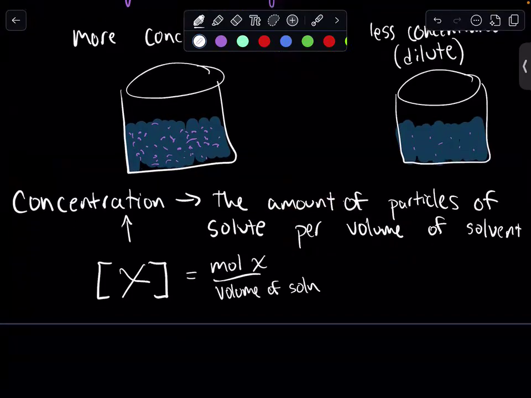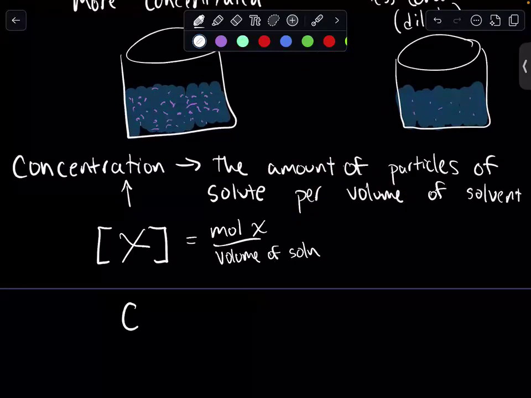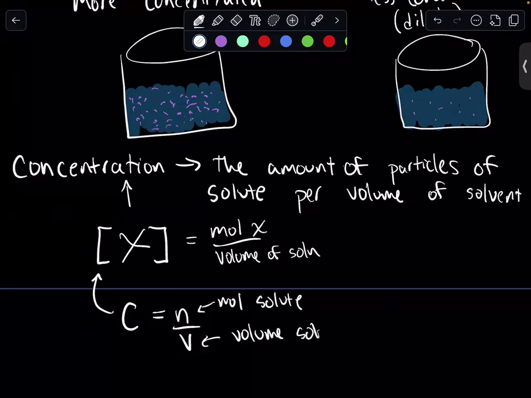That is concentration. Another way of expressing it, as per your data booklet, is C for concentration is equal to n divided by V, where C is once again concentration, n is mole solute, and V is volume solution.